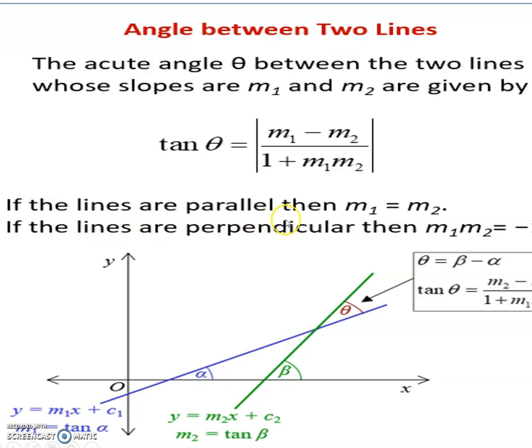If two lines are parallel, then m1 is equal to m2. If two lines are perpendicular, then m1 into m2 is equal to minus 1.